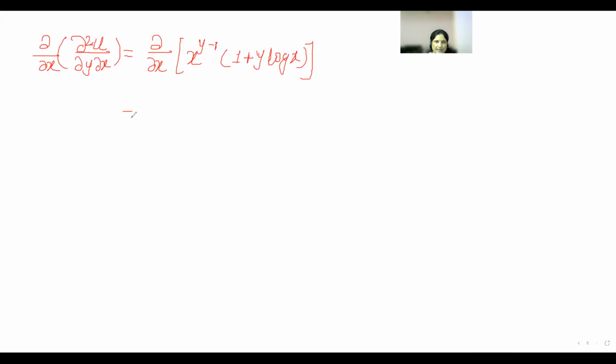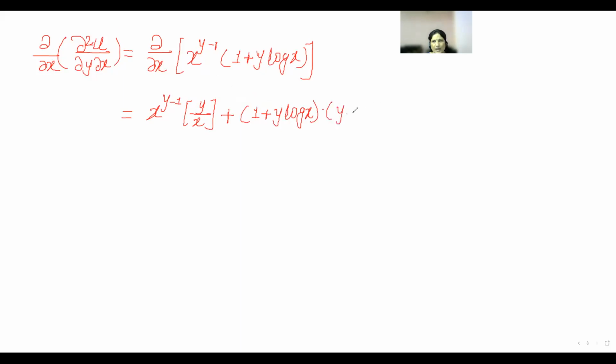So here applying the u into v rule. Putting x raised to y minus 1 constant, taking the derivative of 1 plus y log x, that is 0 plus y into 1/x, so y upon x. Plus x raised to y minus 1 constant, 1 plus y log x constant, this bracket we keep as it is, into the derivative of x raised to y minus 1 with respect to x.